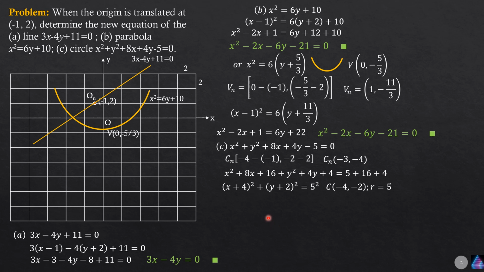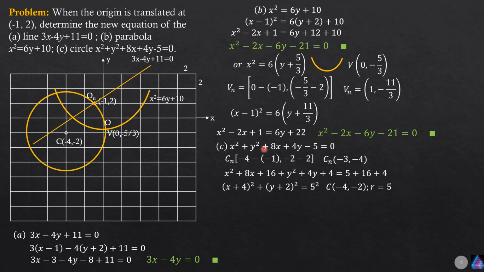So with respect to the new center, we simply write the equation of the circle with respect to the new origin as quantity x minus -3, so x + 3 quantity squared, plus y minus -4 or y + 4 quantity squared equals radius squared, which is 5².